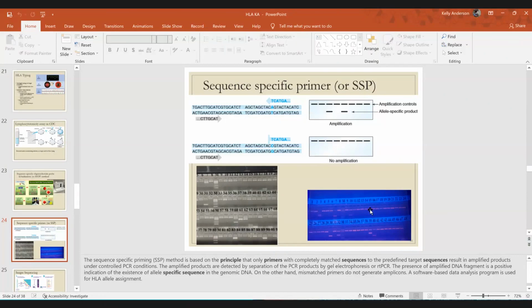It's possible if you're manually pipetting this that you skipped over a well and didn't add DNA. So basically you'd have to repeat that well to have a valid test. And that could be a question on the exam as well. Like what could cause the internal control to fail? So it could be you forgot to add DNA. It could be that well of your thermocycler is not working correctly.